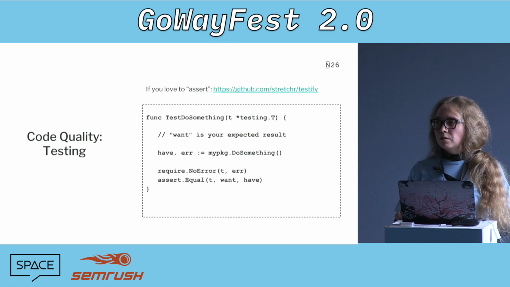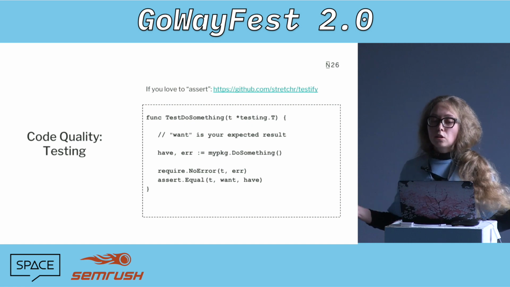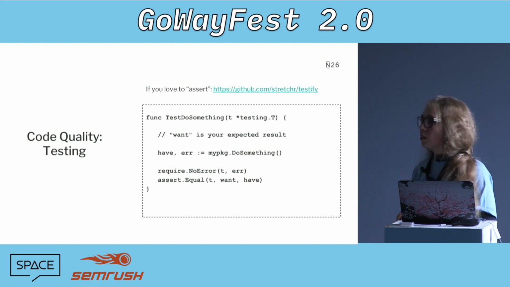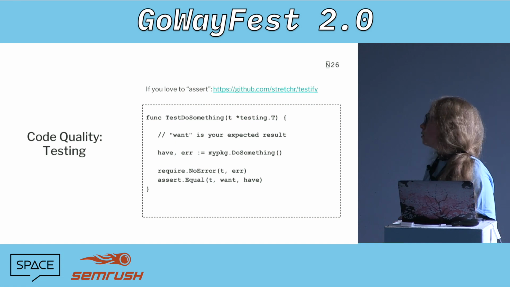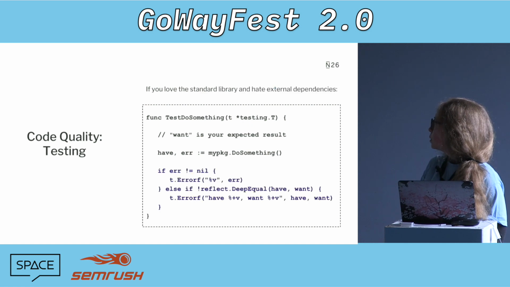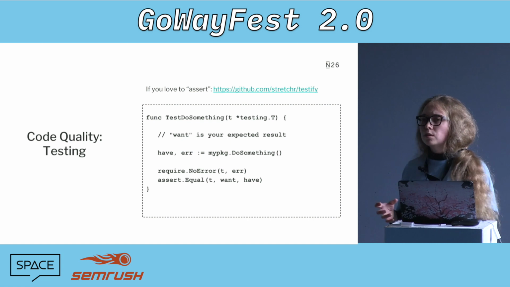You might want to ask where are my asserts, if you came from another language. Another approach worth mentioning is using the testify library, which allows you to do assertions. You might see that this kind of code looks a little bit more beautiful than this one. There are fewer lines of code, and you don't need to read everything to understand how it works.